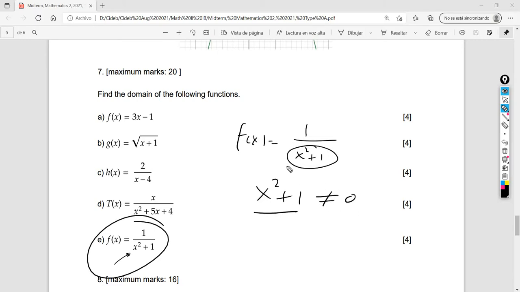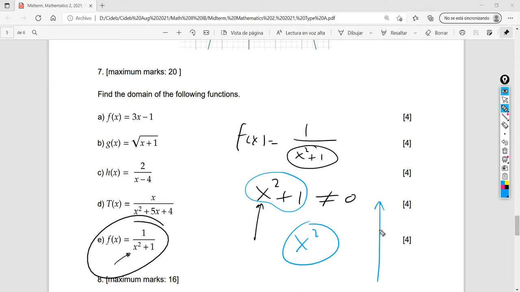It's impossible. Why? Because x squared, no matter what x you put in here, positive, 0, or negative, when you add 1 to a number squared, you will invariably end up with something that is positive. Because when you consider this thing, the least value of this is 0.